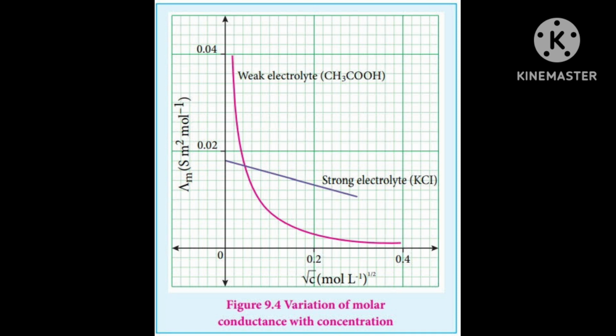The electrical resistance of a column of 0.05 mole per liter NaOH solution, of diameter 1 centimeter and length 50 centimeter, is 5.55 into 10 to the power 3 ohm.